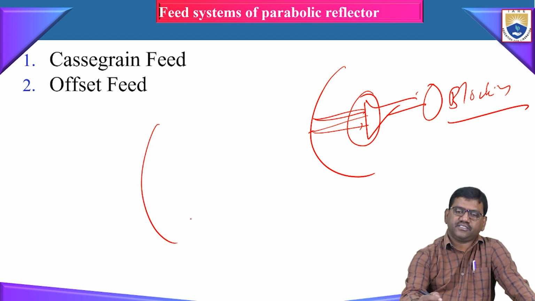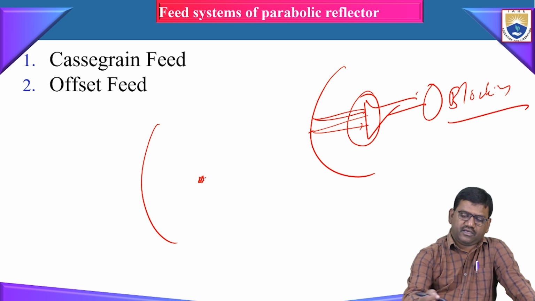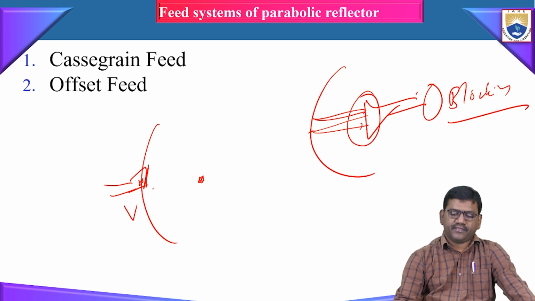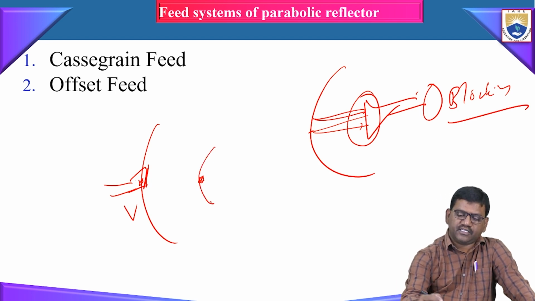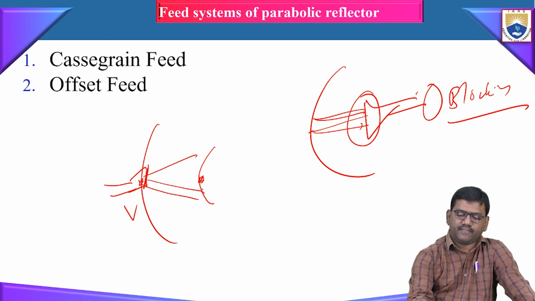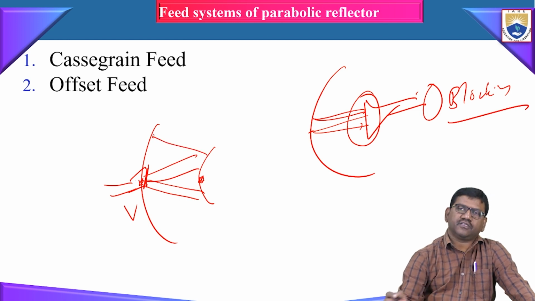In the Cassegrain feed system, this is the vertex here. On the vertex we place the horn antenna, the active element, and on the focal point, a small subreflector is placed. All the electromagnetic rays fall on the subreflector and are reflected to the main reflector.